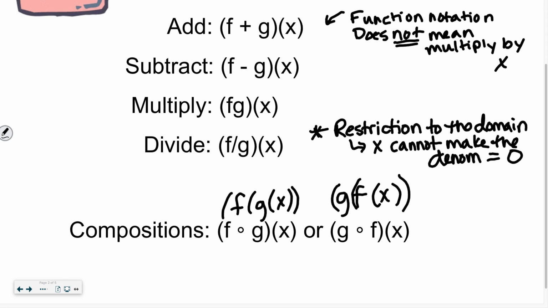What other types of restrictions to your domains might you encounter? What do you mean by negative? Imaginary numbers. When do you get imaginary numbers? When you do square root of negatives? Even roots of negatives?